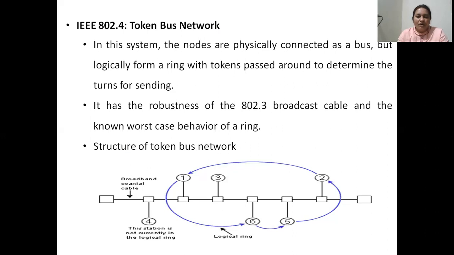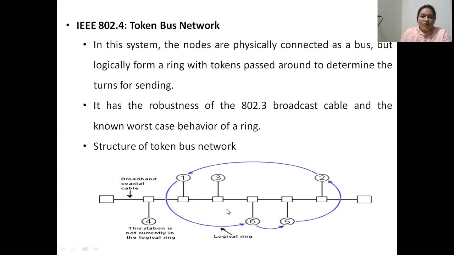If you observe this picture, nodes 1, 3, 6, 5, and 2 are part of the logical ring, meaning that the token for transmission circulates only through these nodes. Station 4 is not currently part of the logical ring, hence it does not get a chance to transmit.